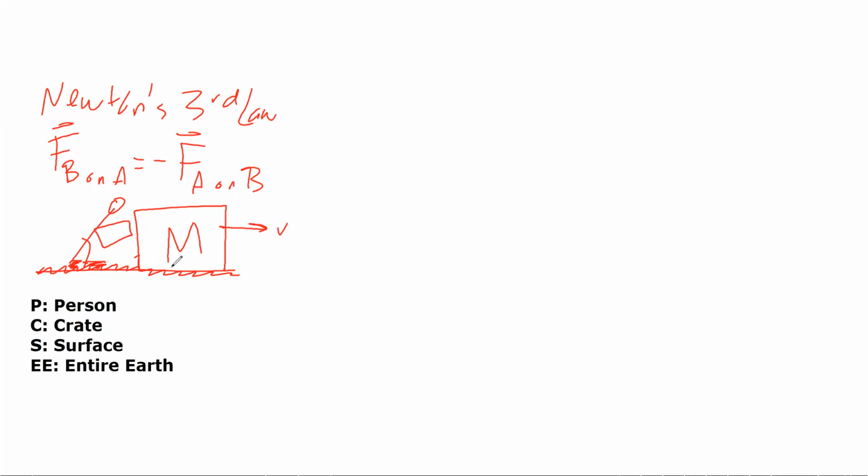So we'll say that P and C are in the system. The surface and the Earth are in the environment. And so what's an interacting object diagram? It represents the objects as circles and places the circles relatively close to each other in the sense of the problem.